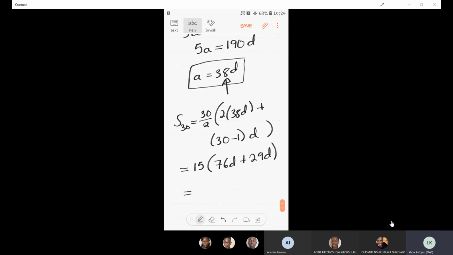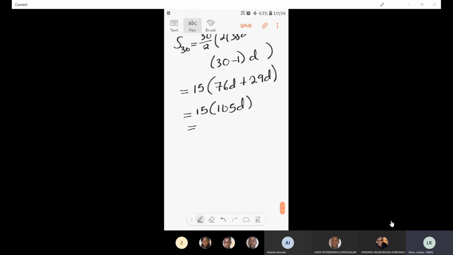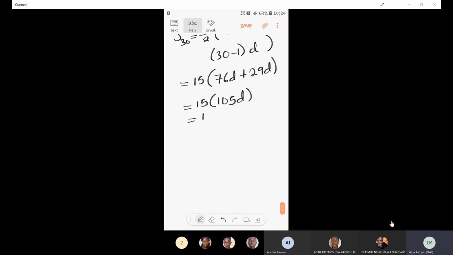And here you can simplify what you have inside the brackets. You add the 76D and the 29D, you get 105. So I have 15 times 105D, and then you multiply this by 15, you get 1575D as your solution there.